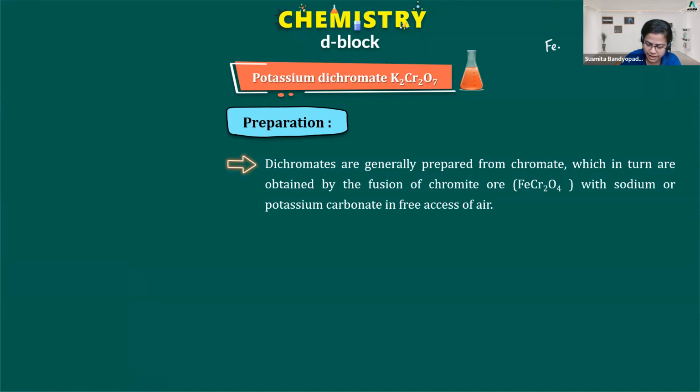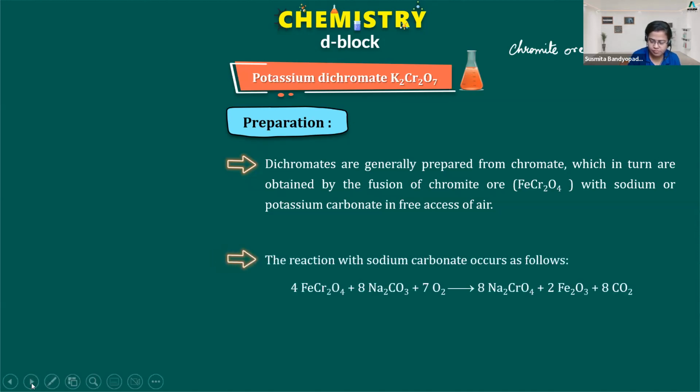Chromite ore is FeO.Cr2O3, FeCr2O4, which is basically FeO.Cr2O3.